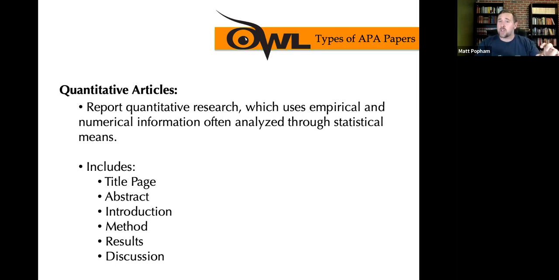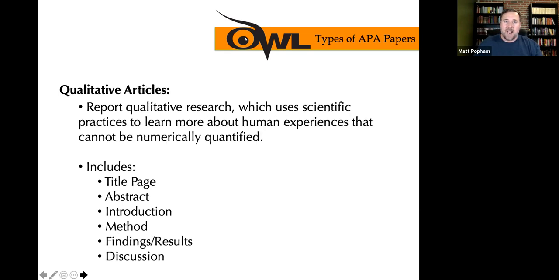Your introduction is part of your paper. It's not labeled introduction. It's just understood that that's how you'll start off the body of your paper. Then you report on your methods, your results, and then any type of discussion that you need to have after that. So quantitative is utilizing, measuring that empirical data.